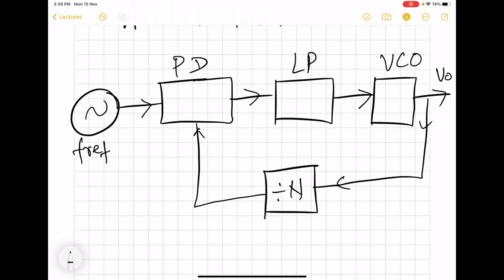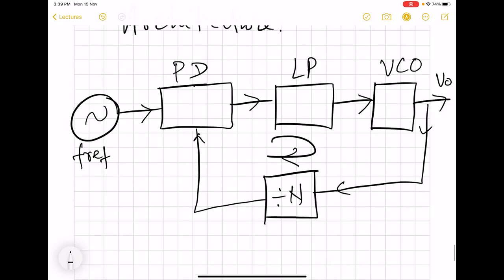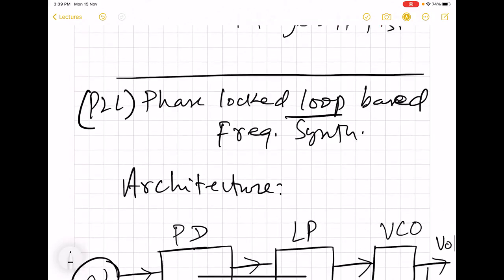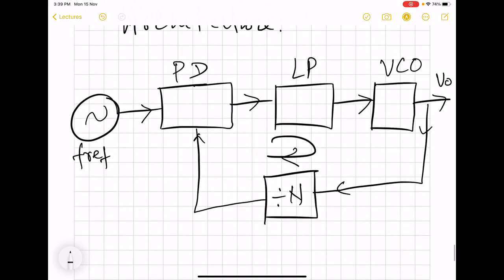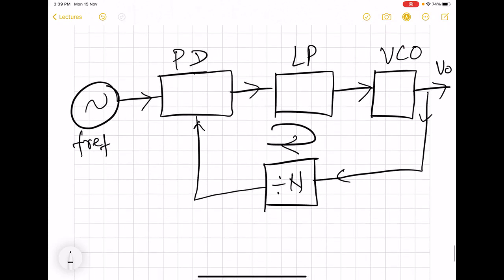And here you can see that there is a loop. And this loop appears in the name also. This loop, as the name suggests, basically processes the phase, and it tries to lock to the phase. So we'll see in more detail how this functions. Here the output is going to be a sinusoid or another periodic waveform with frequency f0, and f0 will be N times F ref.